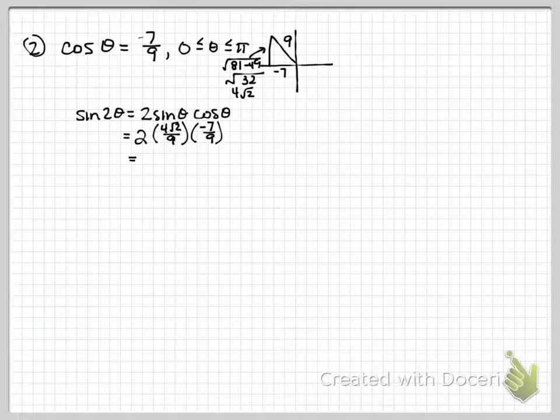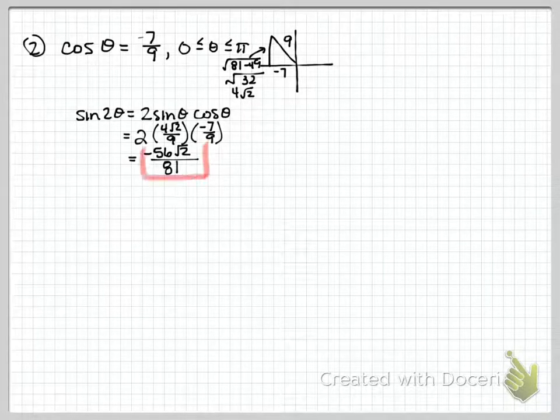Multiply our numerators together, and I get 2 times 4 is 8, times negative 7 is negative 56 root 2, over 9 times 9 is 81. All right, so there's my sine. And I'm going to put a little big red box around this for me.